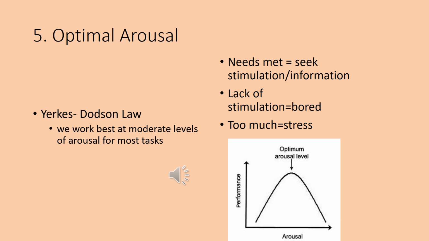Easier tasks, not really easier, but tasks that don't involve mental cognition, such as maybe running, we may want to be overstimulated. So that might be an exception to that rule. We want that high energy if we're going to go out and run. But for most things, we do work best at those moderate levels.